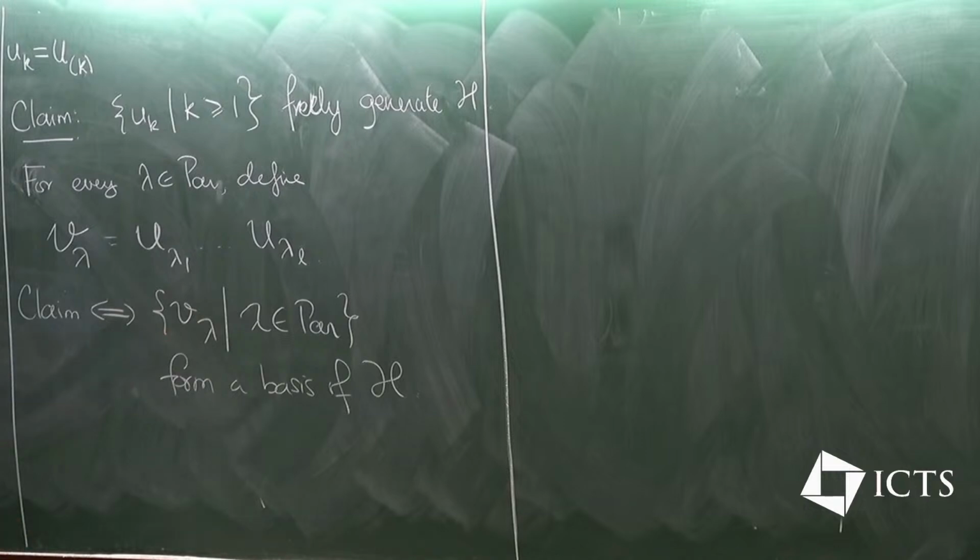Well, we'll prove this by showing that V lambda is somehow upper triangular with respect to the basis U lambda. So that will show that it's also a basis. So we'll claim that. For that, maybe I need to define what upper triangular means.